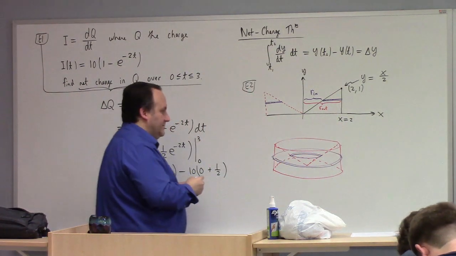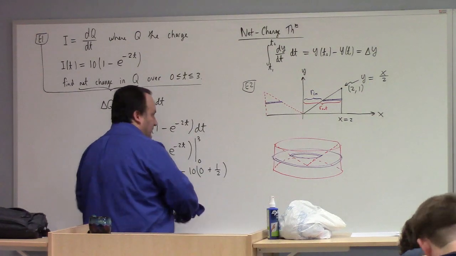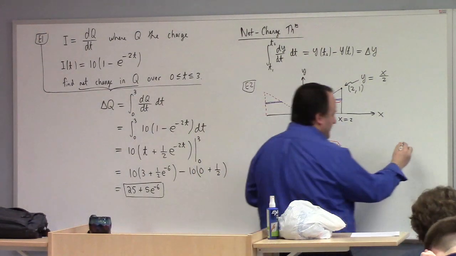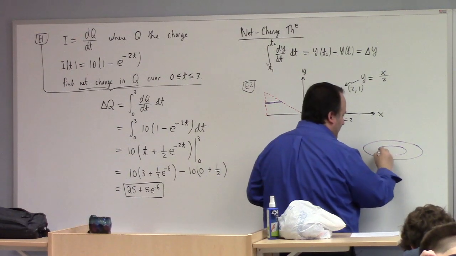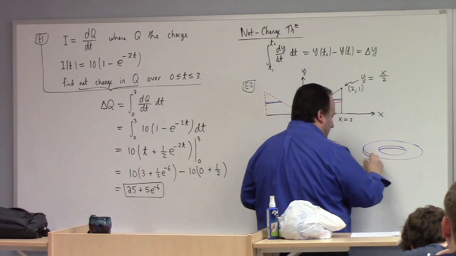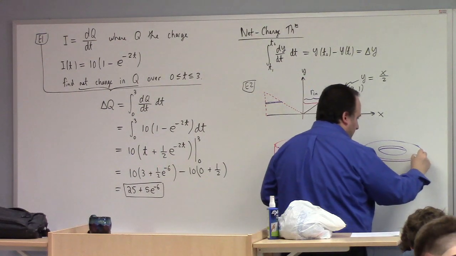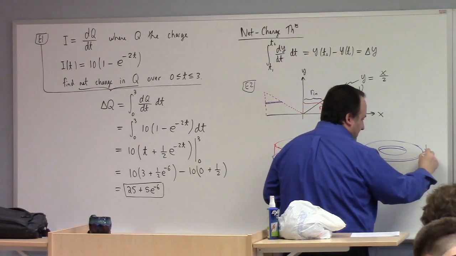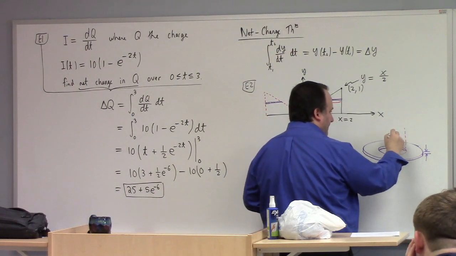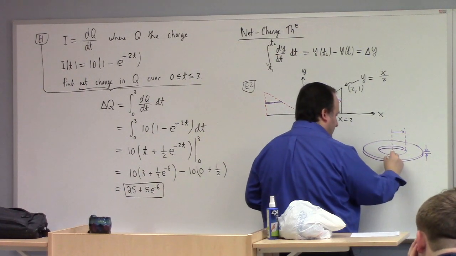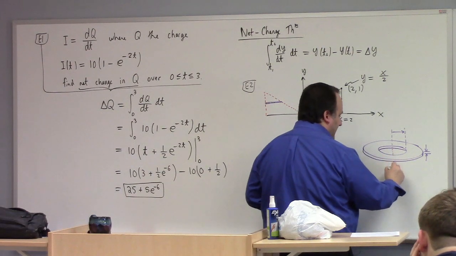And so if I just draw my washer again here on its lonesome, I usually do better with those. The thickness is what? Oh, did you say dy?